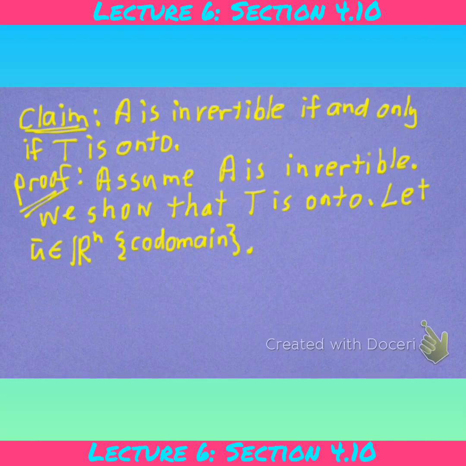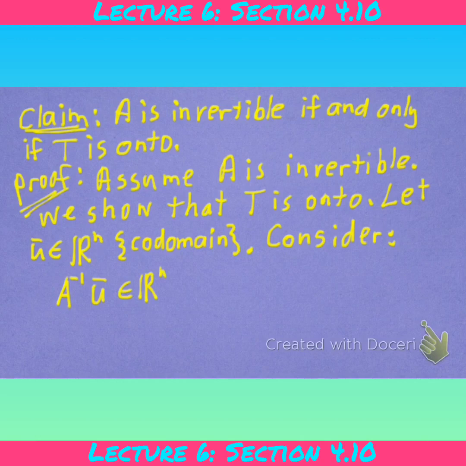Right, and we need to find a point in the domain that maps to it. So what we're going to do is consider the point U, and multiply it with the inverse of A. Now that point is definitely in Rn.